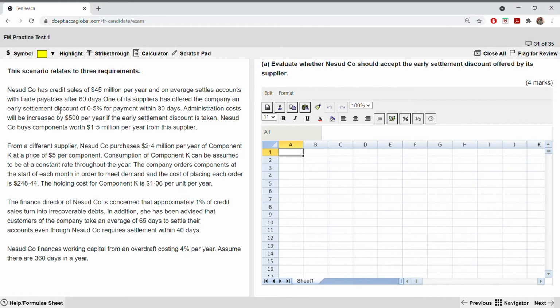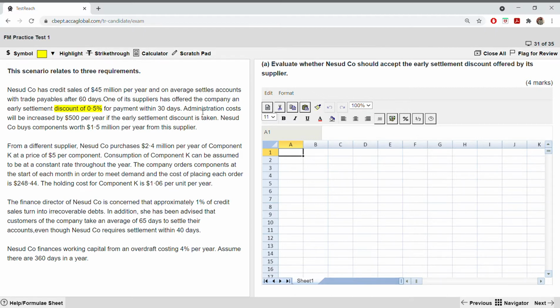It is 0.5% for payment within 30 days. If you see, the trade payable is after 60 days on average, that is the date when the trade payables account are settled. But here, if you pay within 30 days, the discount will be 0.5%. Okay, that means you have to pay within 30 days to get this discount.